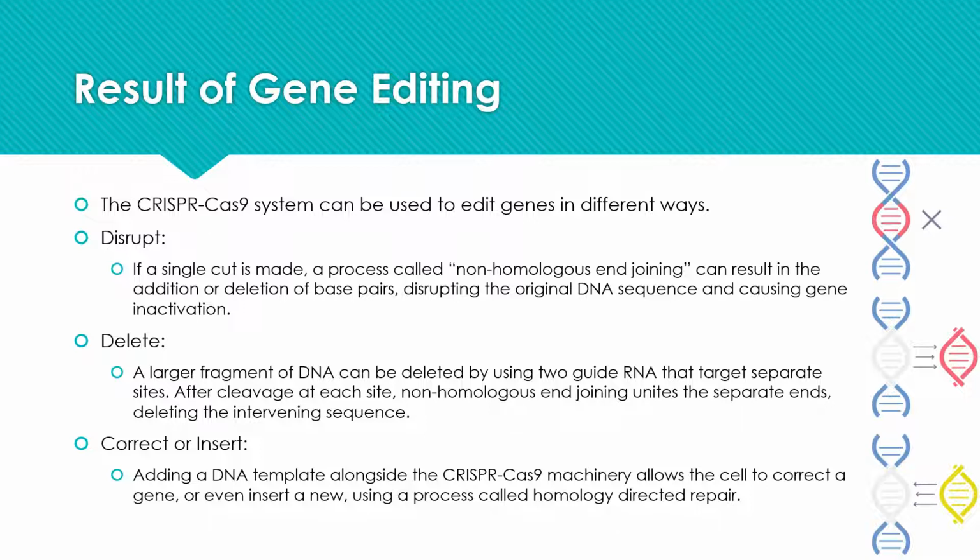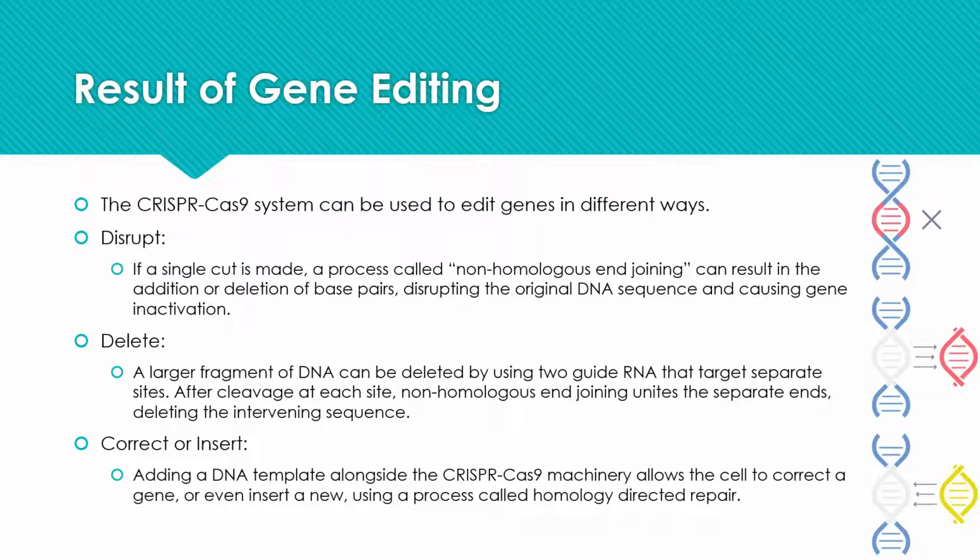Another thing that can happen is if instead of making one cut, you make two, you could deliberately cut out a segment of the DNA. You just need to make sure you're using two guide RNAs, so you're targeting two different points to make those two cuts. Cleavage in this sense means you cut or separate. After making those two cuts, again, non-homologous end joining, these two ends are not following a template, they just get pulled together.